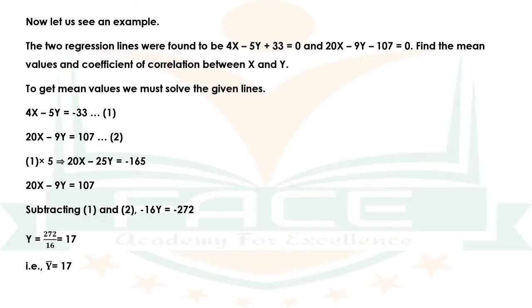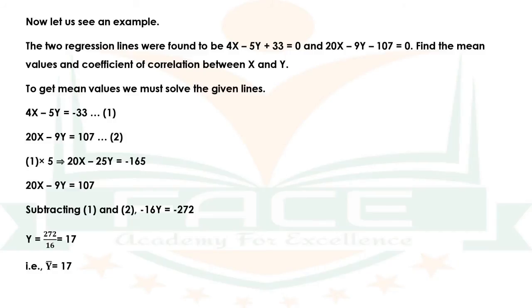We multiply the first equation by 5 and we get 20x minus 25y is equal to minus 165. We already have the second equation as 20x minus 9y is equal to 107. Subtracting equation 1 and 2, we get minus 16y is equal to minus 272.